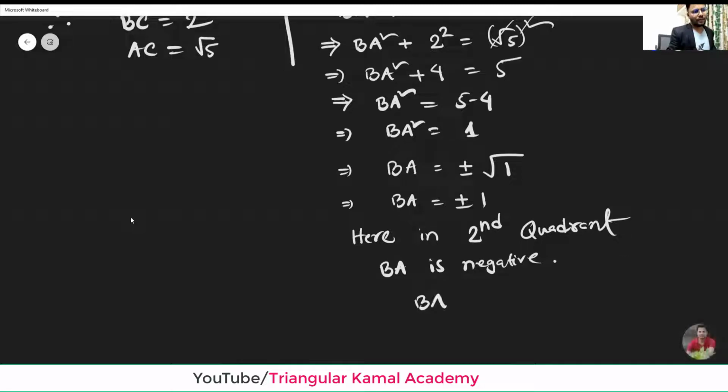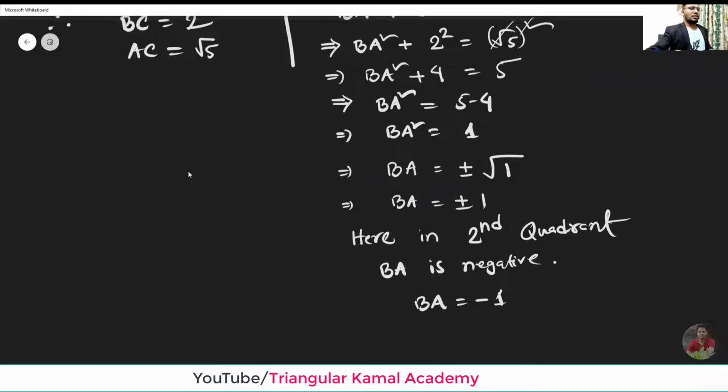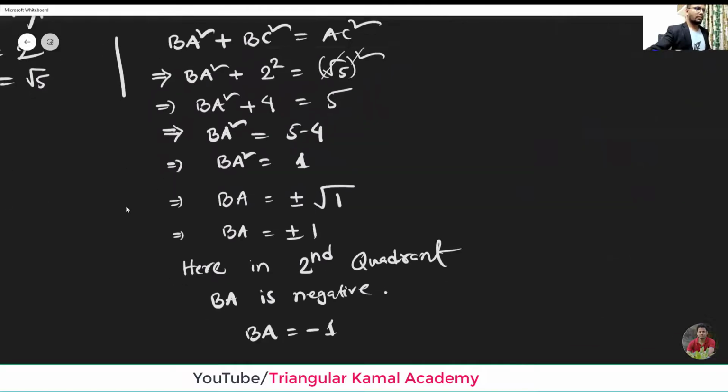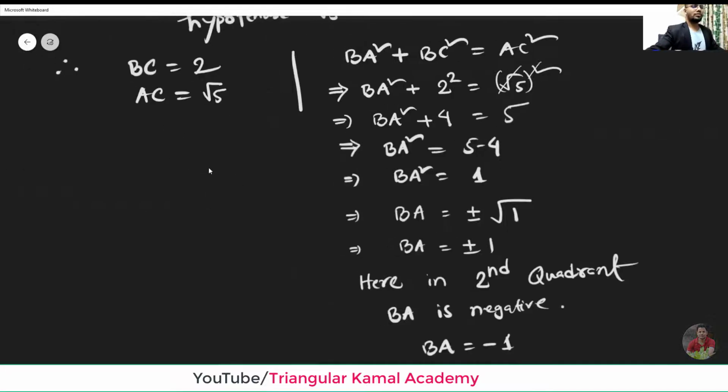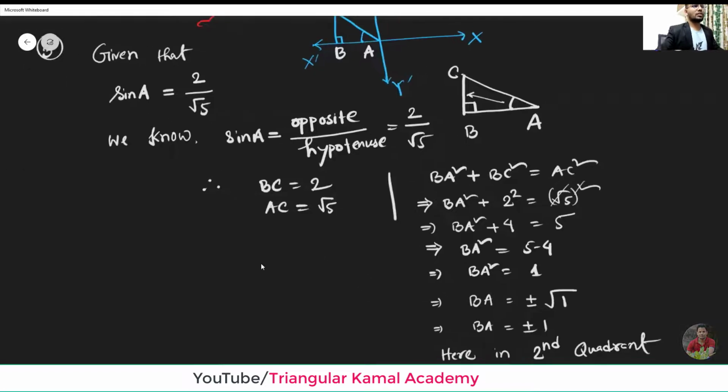So BA is equal to minus 1. Now from the figure, our requirement is to find the value of sine A, cos A and tan A. So now BA is minus 1. So here we can write this is minus 1, this is root over 5, and this one is 2.